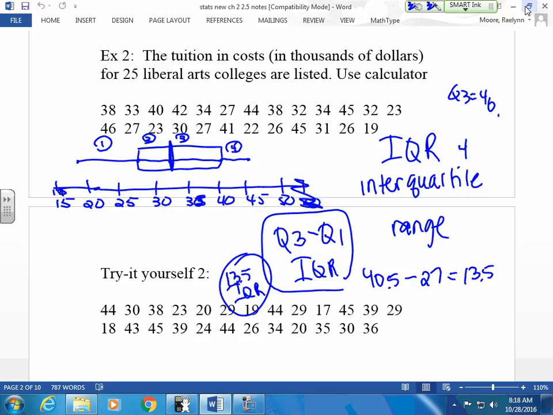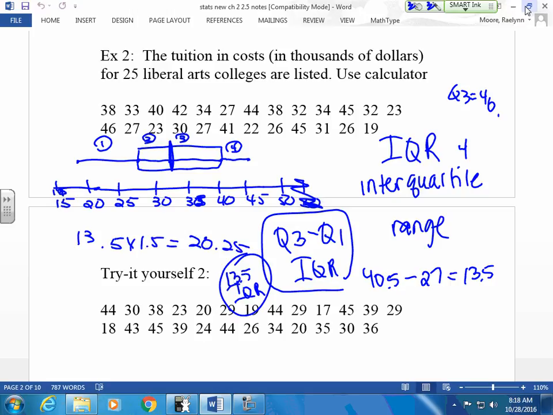Now, if we multiply this number, 13.5, by 1.5, so multiply this for me, 13.5 times 1.5. What do you get? 20.25.